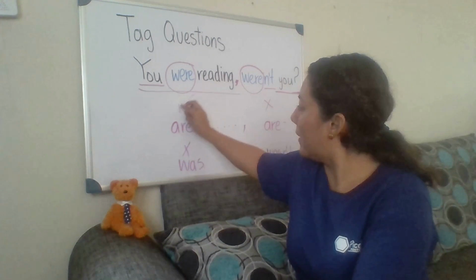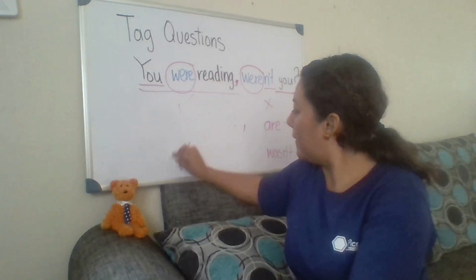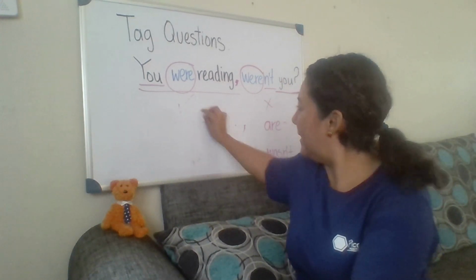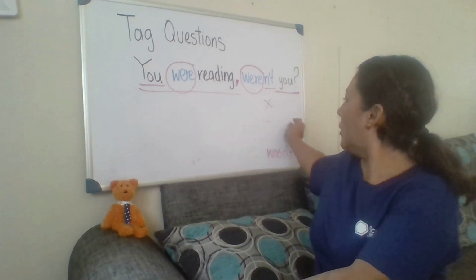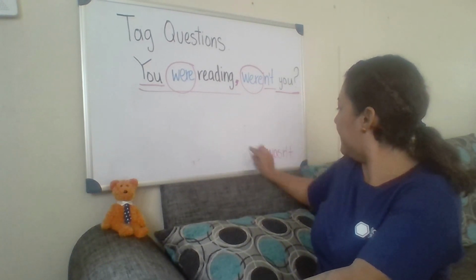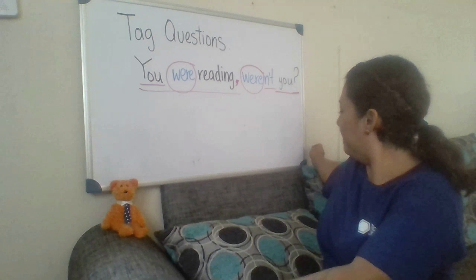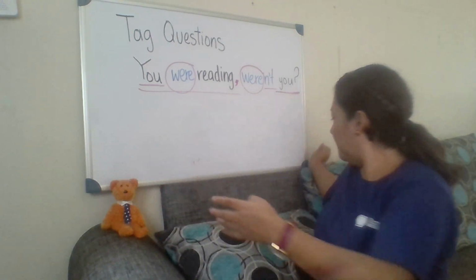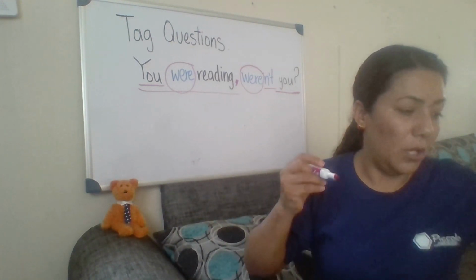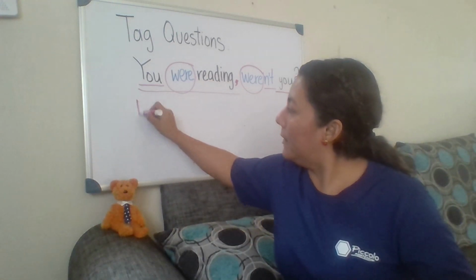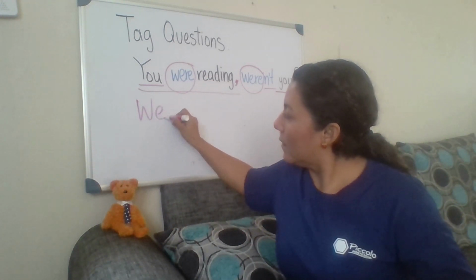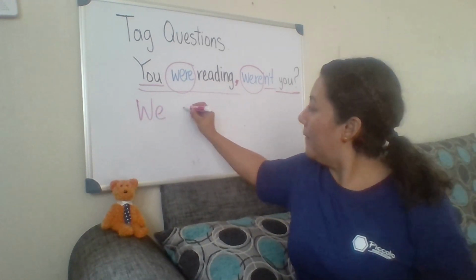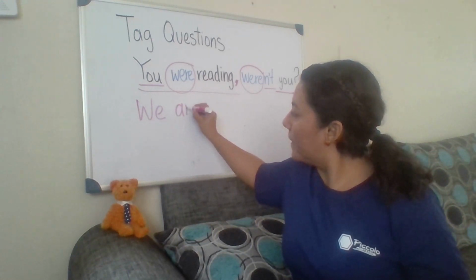Wait a minute, let me erase this so we can work it here and it's clear and we'll get it right. So, number 1 says we are, what is the helping verb?